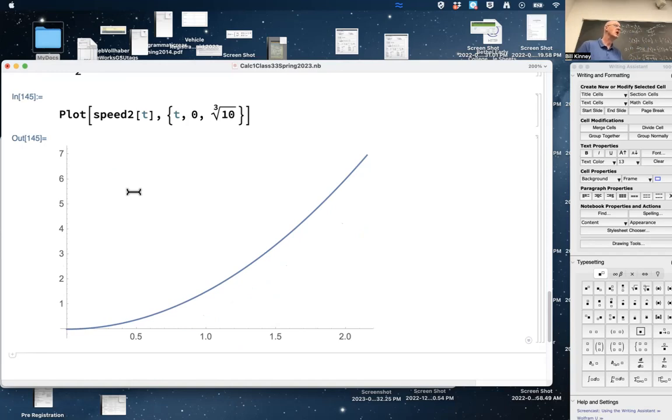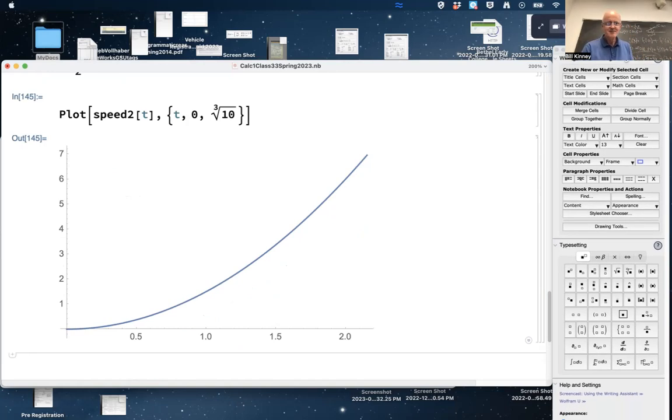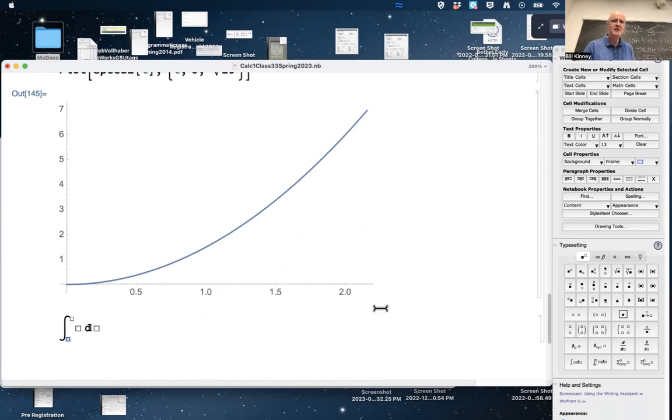How do you find the area under a curve? That's what integration is all about, and the fundamental theorem of calculus. How can you get Mathematica to do it? Use an integral button. Integral, but this one's called the definite integral.